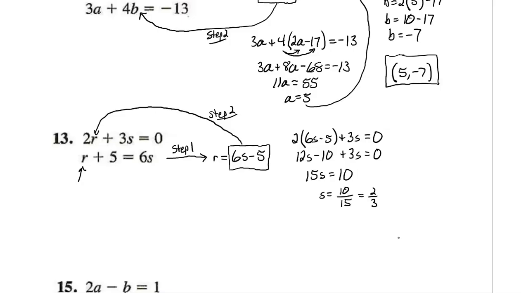We have the answer for the letter S, but not yet the answer for the letter R. So take the value 2/3 and substitute it into the other equation, the one that has the letter R alone. That's your step 3.